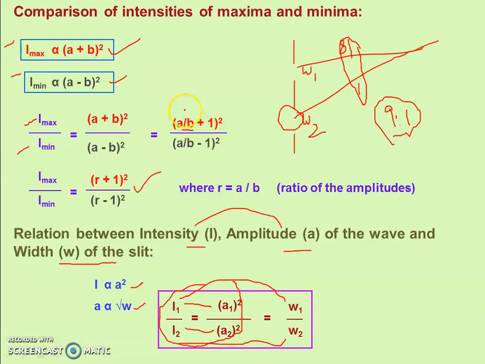So 9 plus 1 means 10, and the square of 10 is 100. And 9 minus 1 is 8, so it will be 64. So the intensity ratio of maxima and minima will be 100:64. This sort of question has been asked in board examinations in previous years.